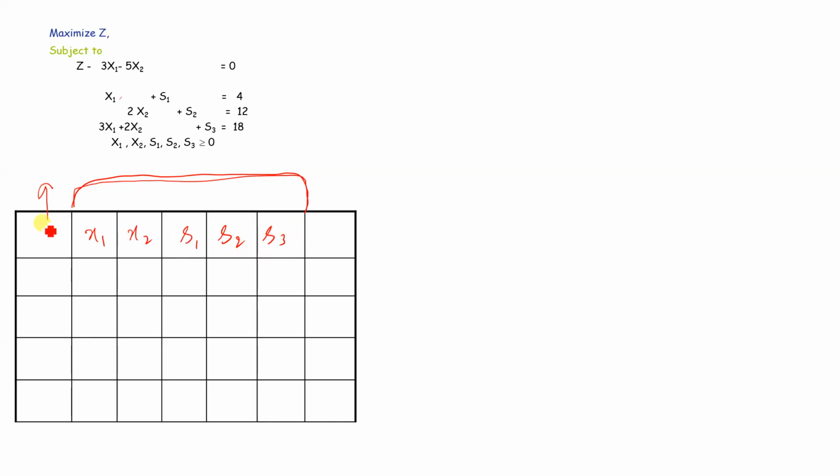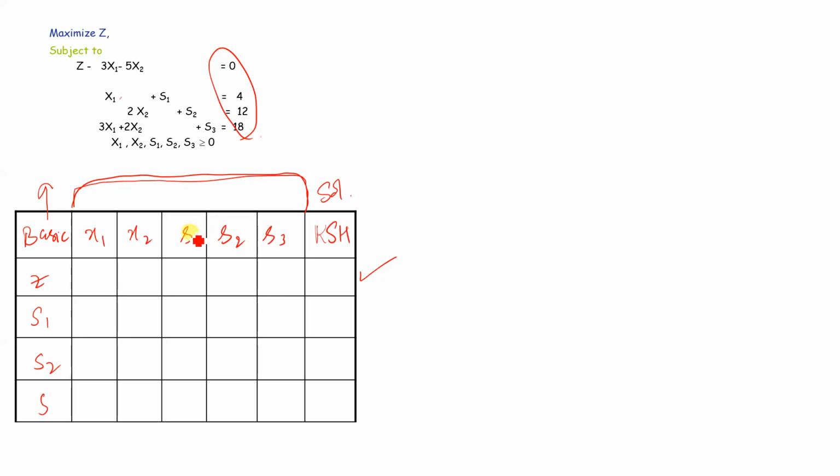The leftmost column is for the basic variables. This row is 0, and we are going to write all the basic variables in this column. The rightmost column is for the right hand side of these equations. This is also called the solution column.